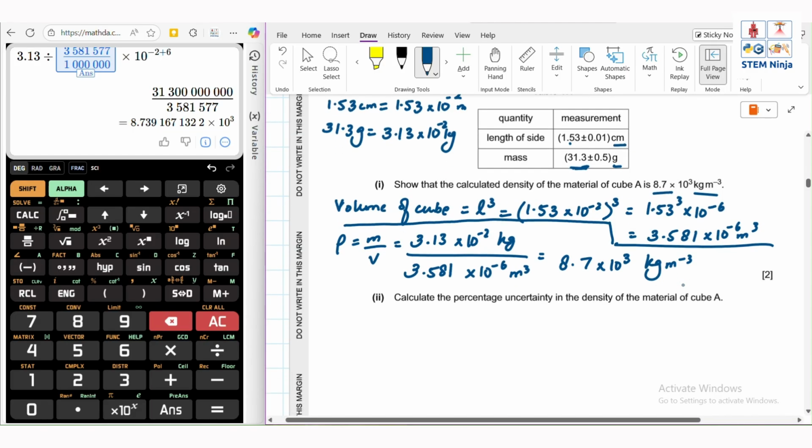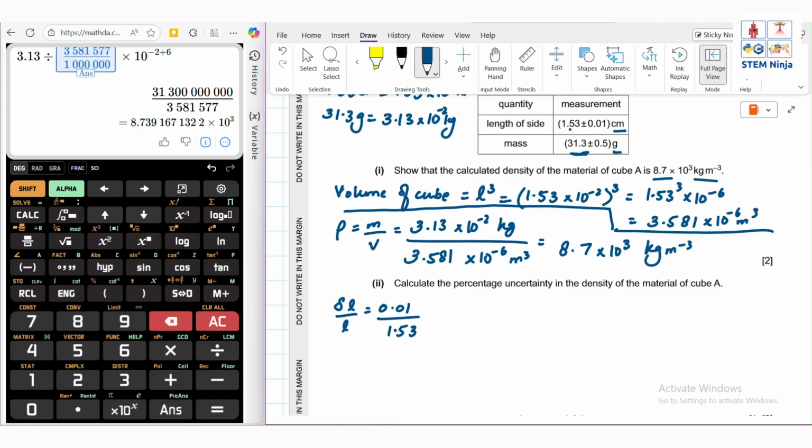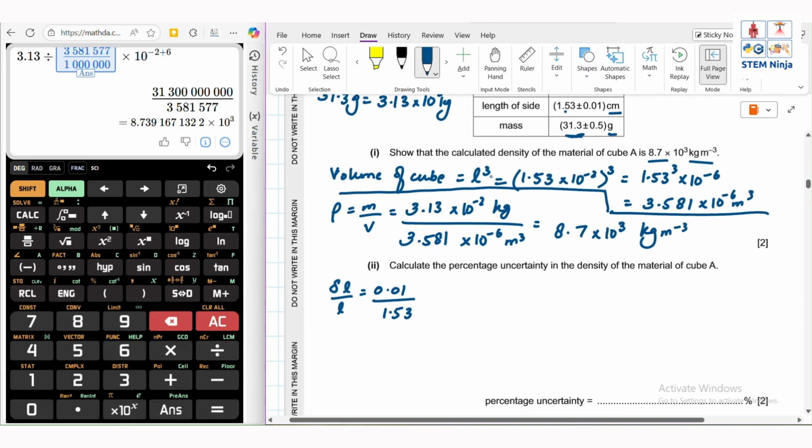Right, calculate the percentage uncertainty in the density of the material of the cube. Okay, so we know that the percentage uncertainty in the length, or the fractional one for now, can stay as this value because the percentage or fractional uncertainty is not affected by changing of the units.